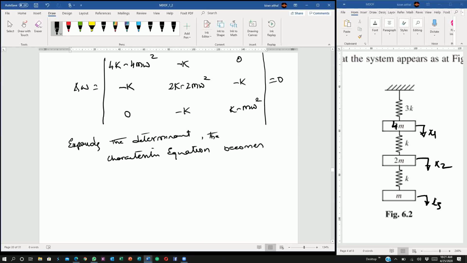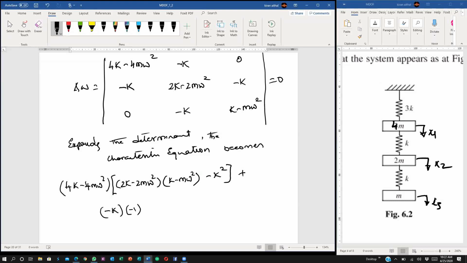If I try to expand this, I will get, please check it out, 4k minus 4m omega square, open the bracket, 2k minus 2m omega square into k minus m omega square, close the bracket, minus k square, close the bracket, plus minus k into minus 1, correct or not? 2, minus k, minus m omega square, so minus 0 is equal to 0. So you can cross check this one, right?